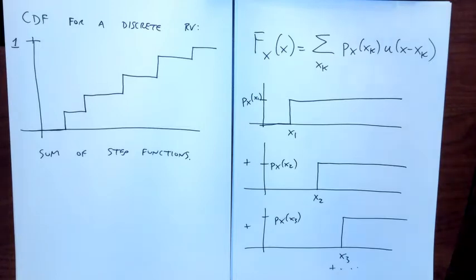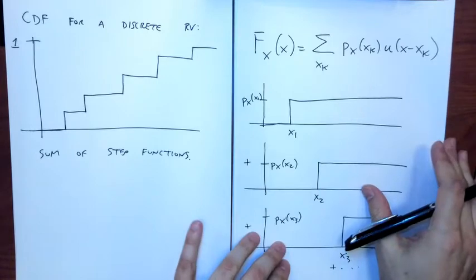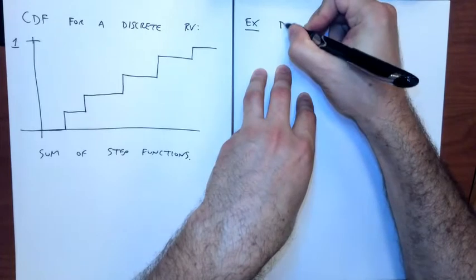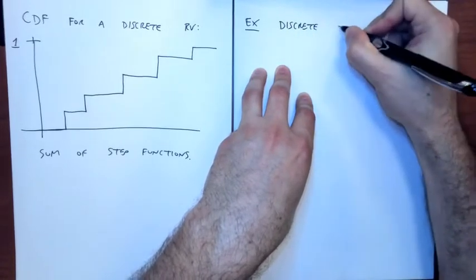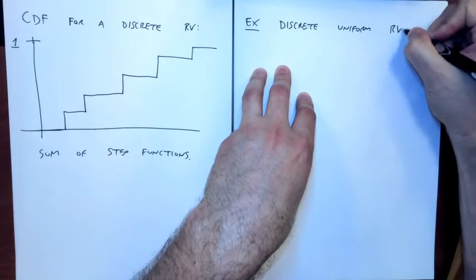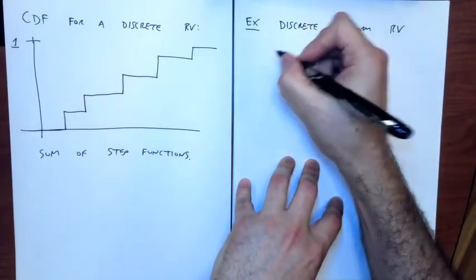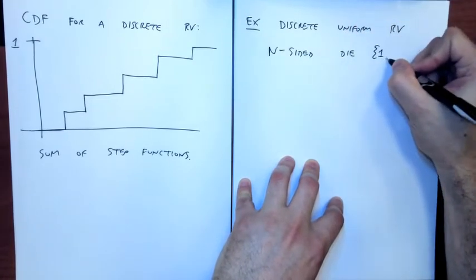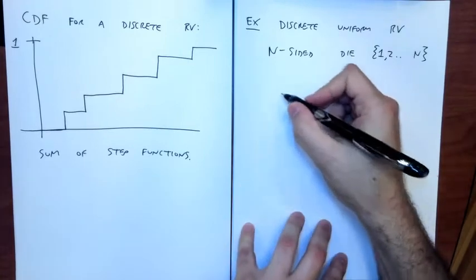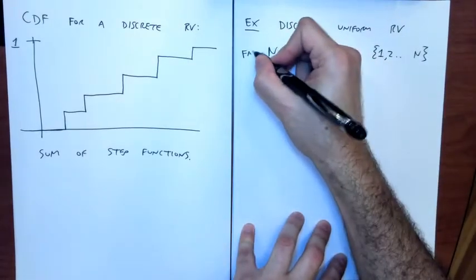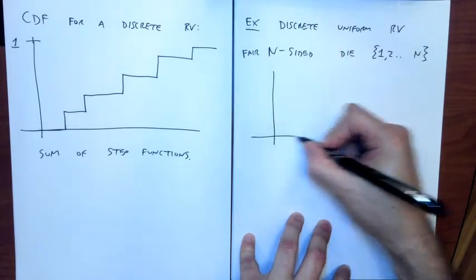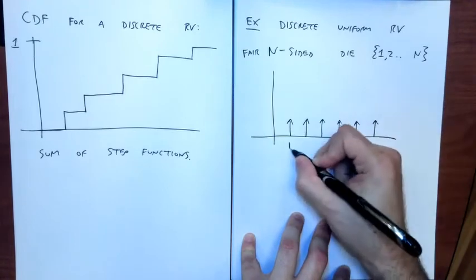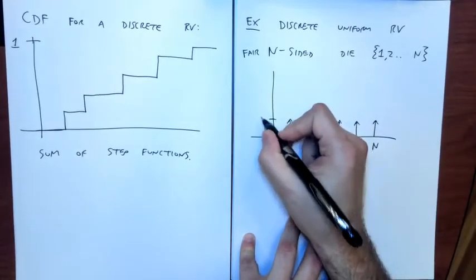Let's just do this for a couple of other familiar random variables. Suppose I have a uniform random variable. Suppose I roll a die, an n-sided die with the possibilities 1 through n. A fair n-sided die, so everything is nice and fair. That means my PMF looks like a bunch of equally sized impulses.